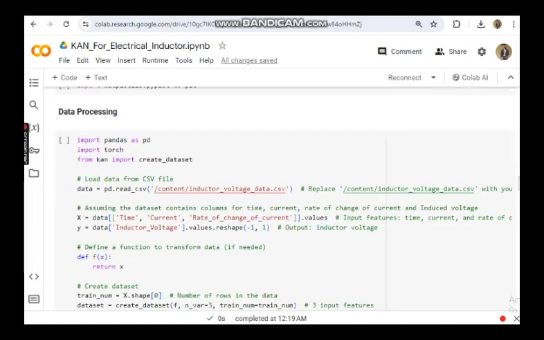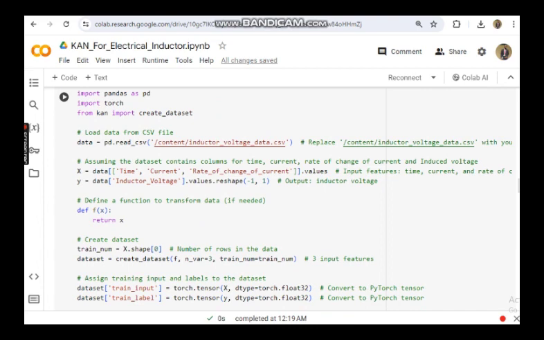When the data is preprocessed, we form the input data, which is X: the time, current, and the rate of change of current. Then the inductor voltage is our output.